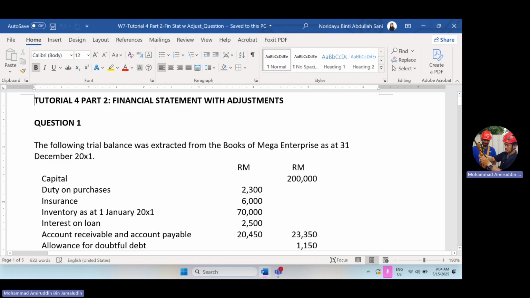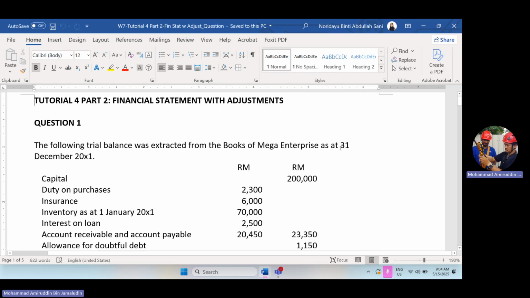You have to prepare the statement of financial position. Sometimes it comes with a statement of changes in equity. So you need speed for your exam. If you ask me how to be good for this topic, nothing else than repeat and repeat. So last week we did already, and the same strategy we are going to apply for this financial statement with adjustments.